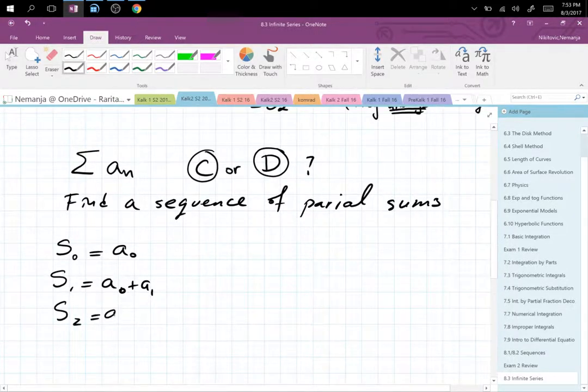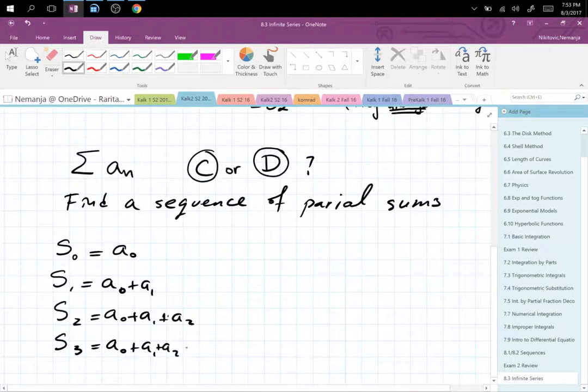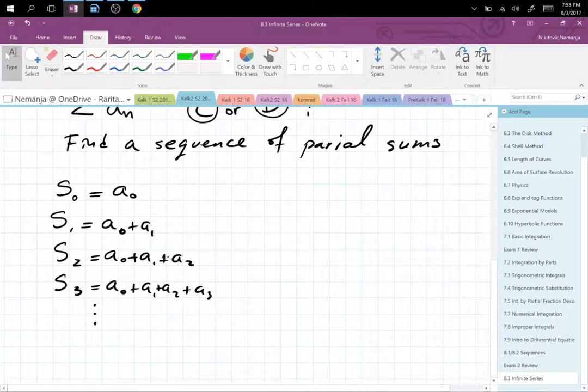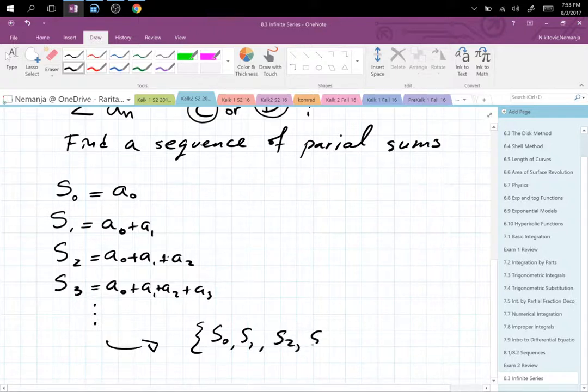S2 is A0 plus A1 plus A2. S3 is A0 plus A1 plus A2 plus A3. And now I got bored. Which creates the sequence S0, S1, S2, S3, S4, going on forever.